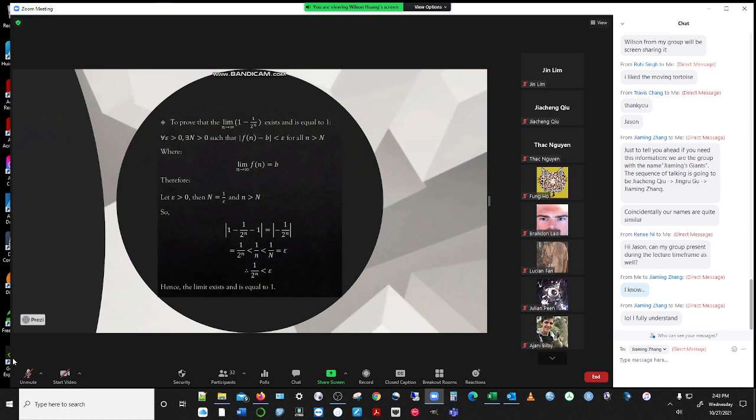Since small n is greater than capital N and 2 raised to n is greater than n, we can say that 1 over 2 raised to n is less than 1 over n and less than 1 over capital N, which is equal to epsilon. Therefore, 1 over 2 raised to n is less than epsilon. Therefore, the limit exists and is equal to 1.